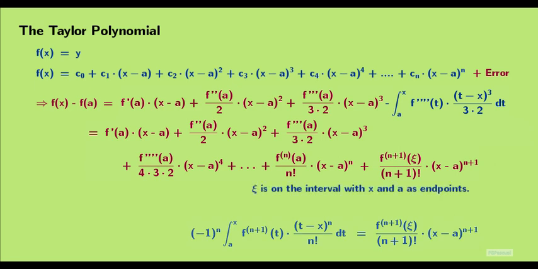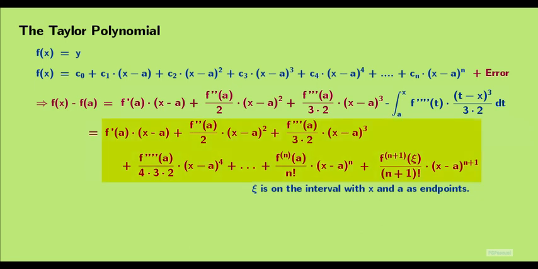This last equation involving this long string of terms tells us precisely what the c sub k's should be. We have already seen that c sub 0 should be f of a. From the last equation, c sub 1 should be f prime of a. C sub 2 is equal to f double prime of a divided by 2.